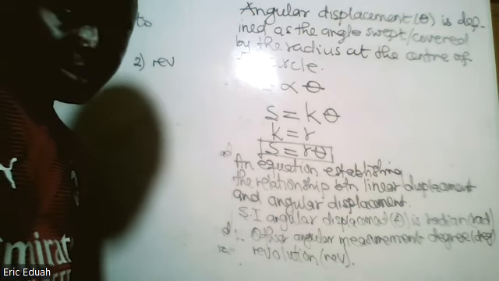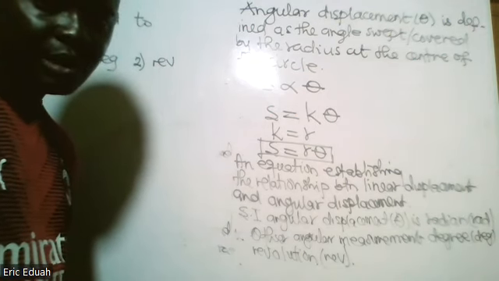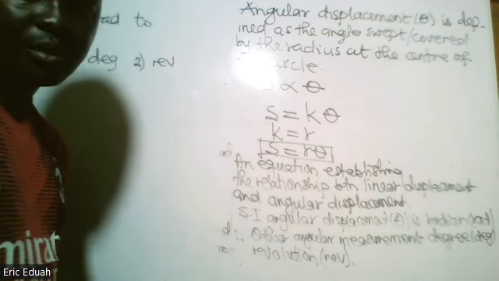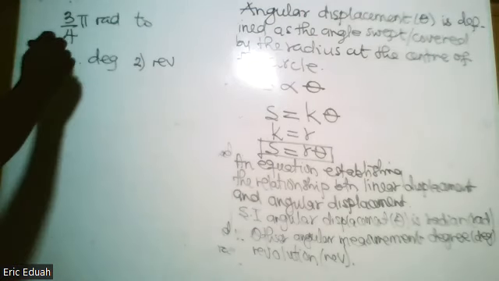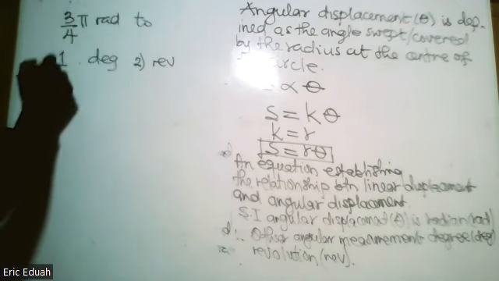Hey, are you through? What did you get for the first part, converting 3/4 pi radian to degree? What did you get? Gloria has joined now. Okay. So what did you get for 3/4 pi radian to degree?